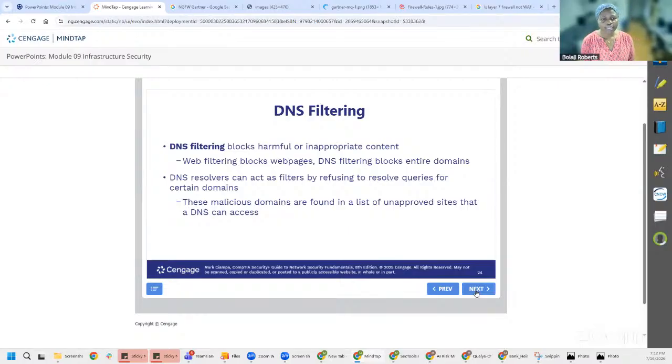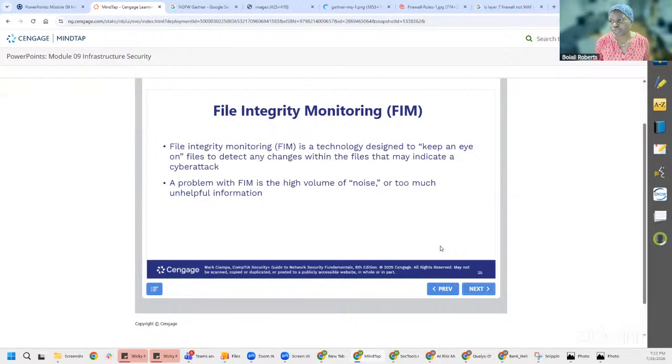And so the DNS resolver in this case acts as a filter by refusing to resolve any queries from certain domains. Okay. And this malicious domain can be found on the organization's unapproved list or block list.